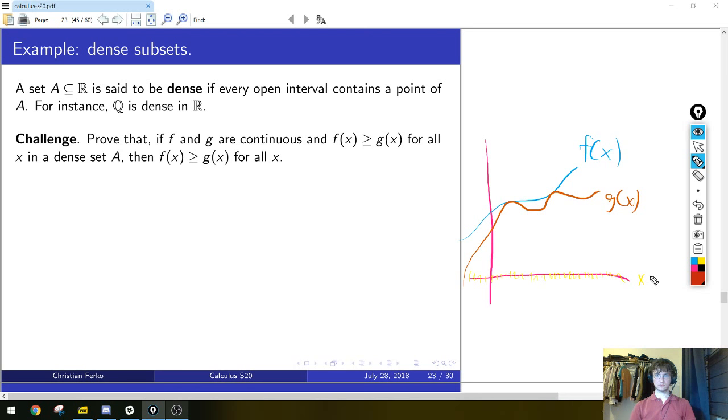This is just a thought. I don't think it's anything useful here, but I'm thinking the limit of f of x as x approaches lower now. Something from below, you're saying?